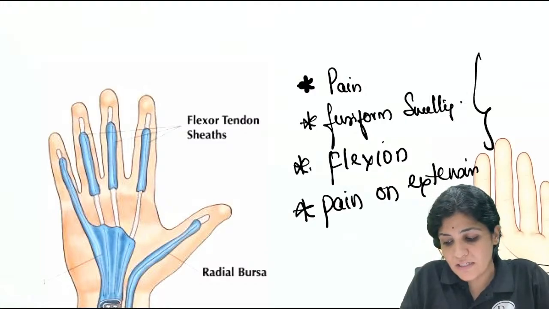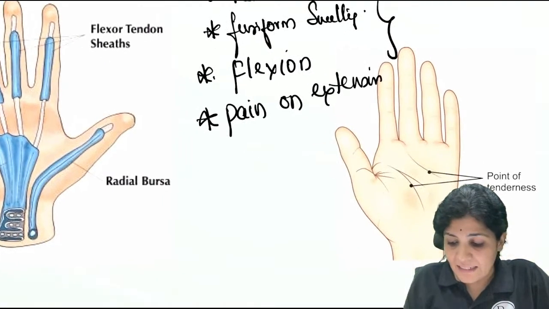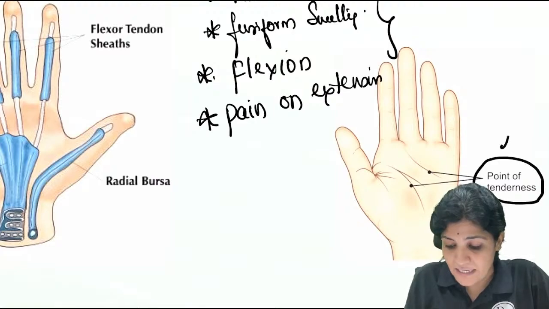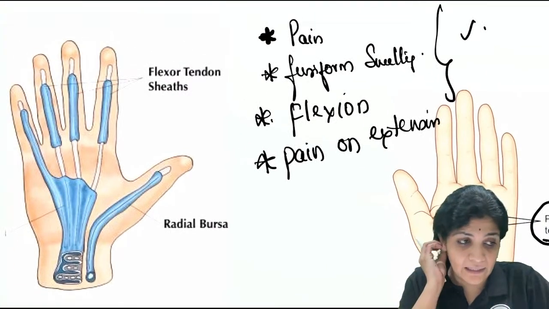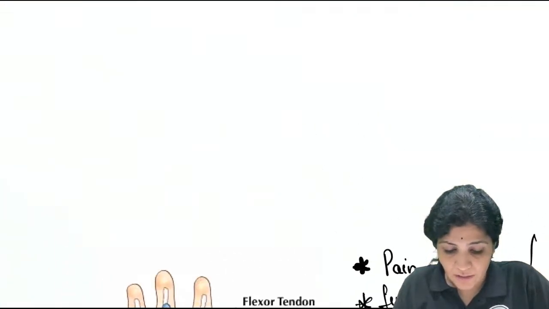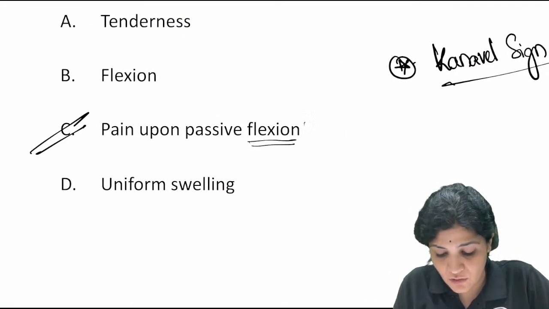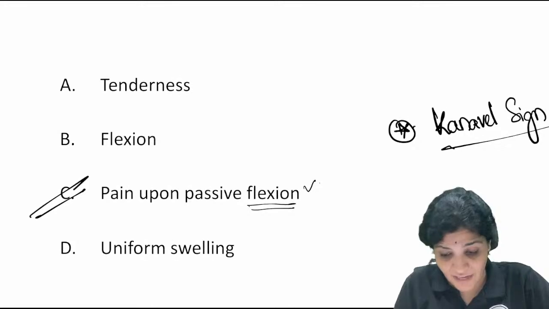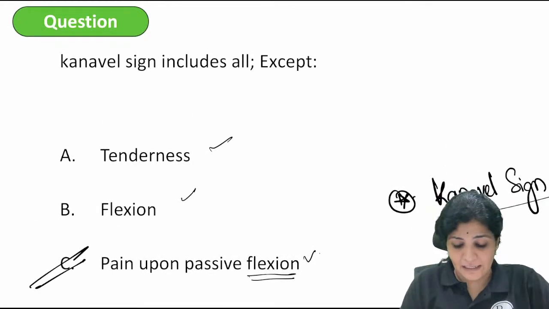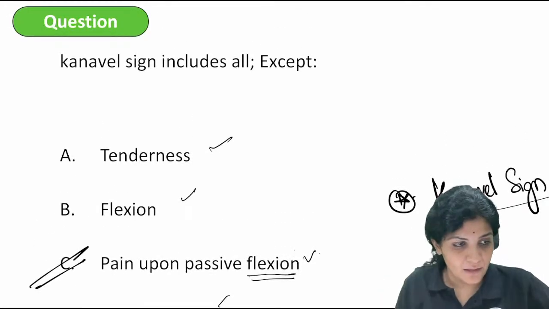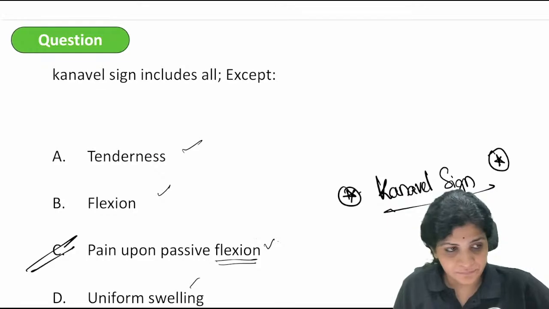So these are the four signs which are called the Kanavel sign, and this is supposed to be the point of tenderness where you can feel the tendon sheath. Fine. So here the answer would be pain on passive flexion. So here the answer is pain on passive extension. So all these are correct except C. Is that clear?